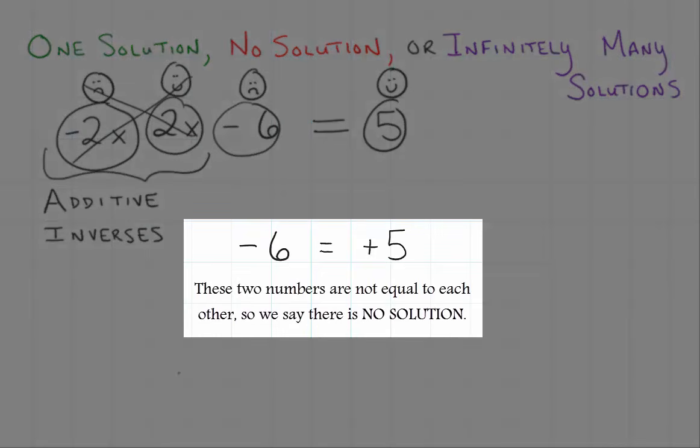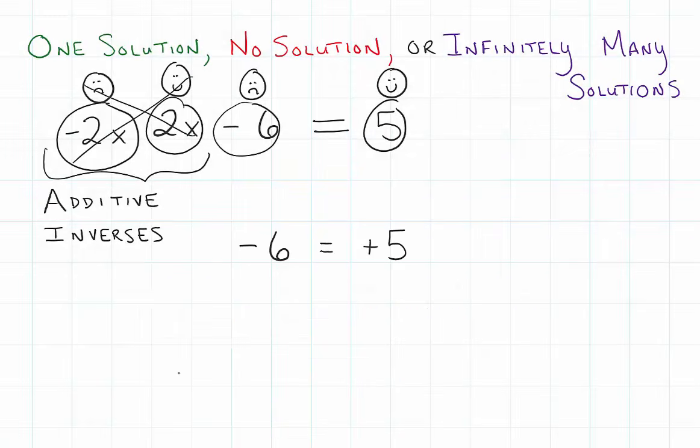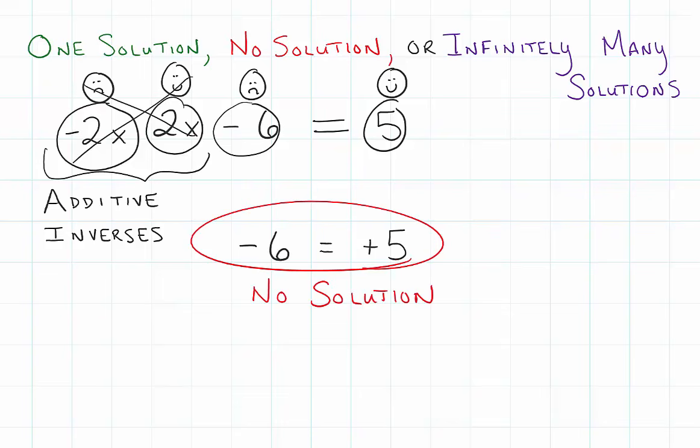So the answer to this type of equation is that this has no solution at all. These two numbers are not the same, and we didn't solve for x because x canceled itself out. So there is no solution. Whenever you have two different numbers that are trying to say that they're equal to each other, nope, it's not going to happen. It's no solution.